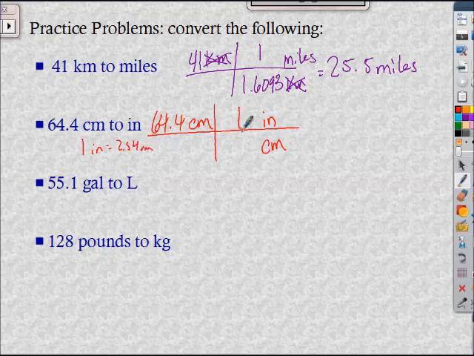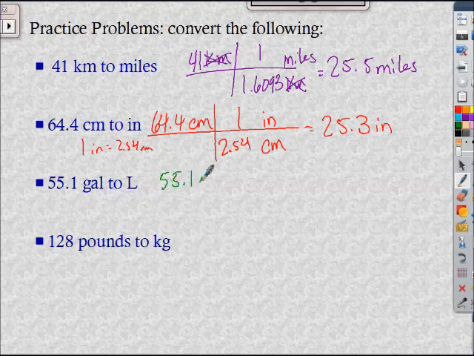So 1 goes in front of the inch, and 2.54 goes in front of the centimeters. So take 64.4 divided by 2.54, and I get 25.3 inches.